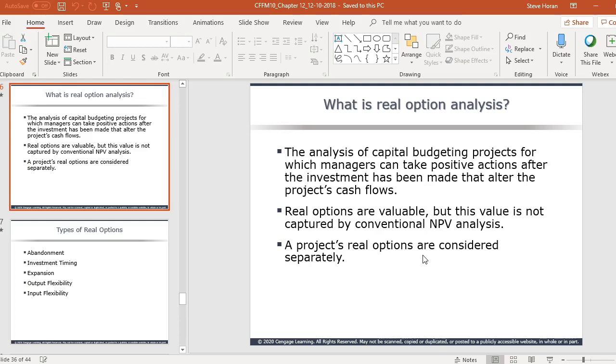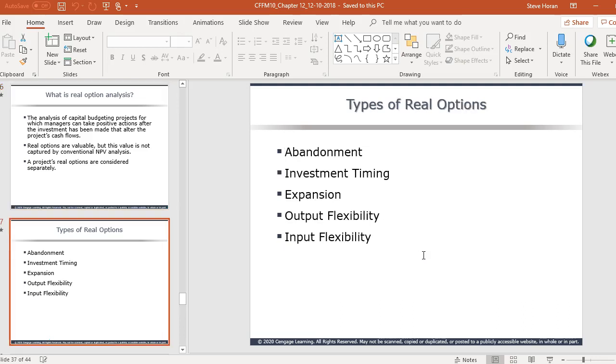If it's not working, we want to have with us options that we can take, actions we can take to improve the projections, to make the numbers better. So the more options we have, the better choices we have, and the more likely the project will cash flow. Okay, so a couple of options: abandonment, just cut our losses and move on.